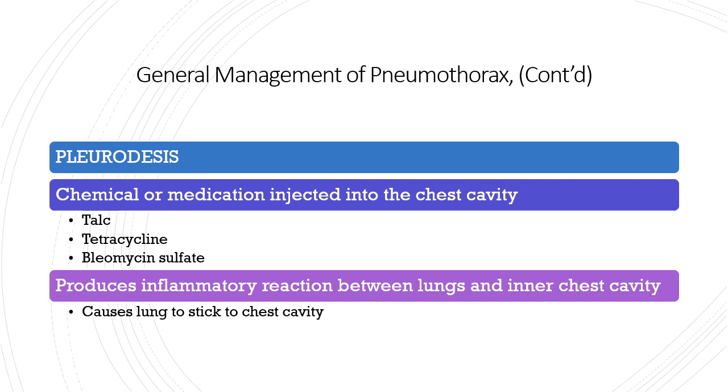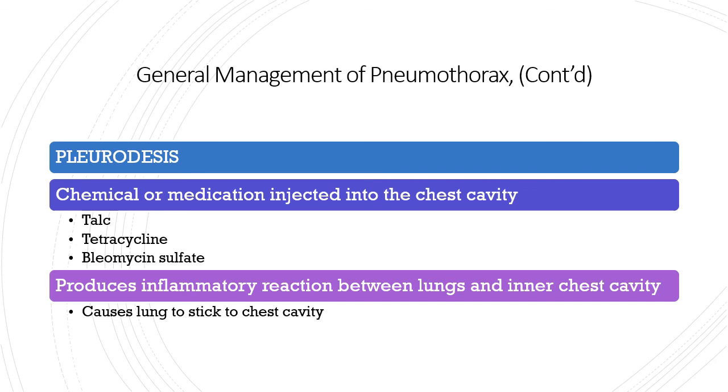When a patient has spontaneous pneumothoraxes over and over again, pleurodesis may be used. A chemical or medication can be injected into the pleural cavity to help sclerose the pleura together. Sometimes talc, tetracycline, or bleomycin sulfate are used.